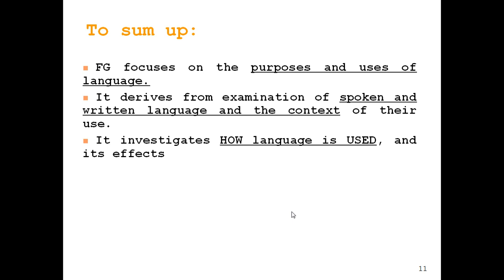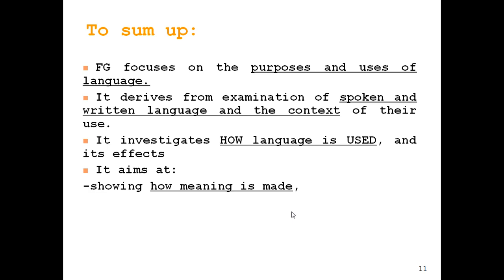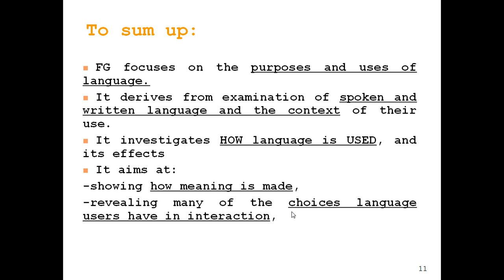Its purpose is to describe how language is used, okay, by showing how meaning is made, and by understanding and revealing why certain choices are favored over other choices in real language, and to understand and evaluate texts in order to gain a full understanding of how our language works.